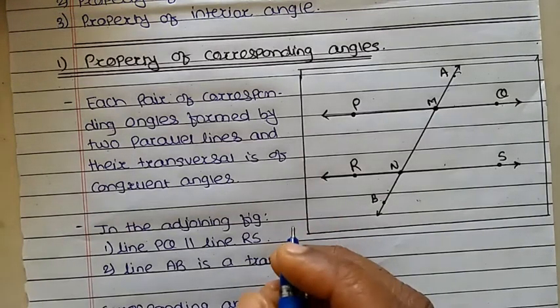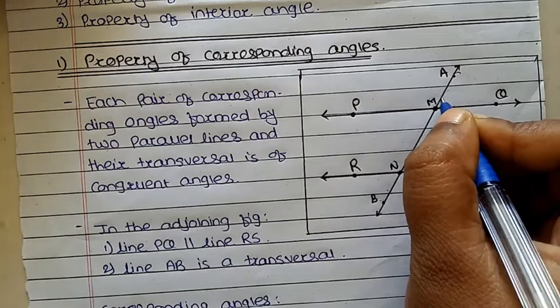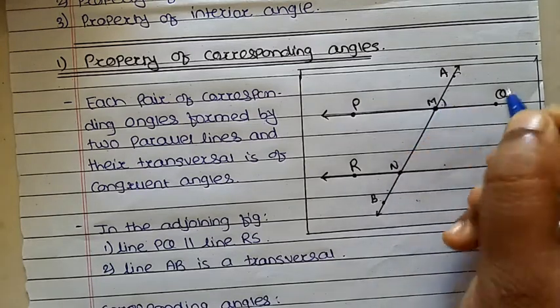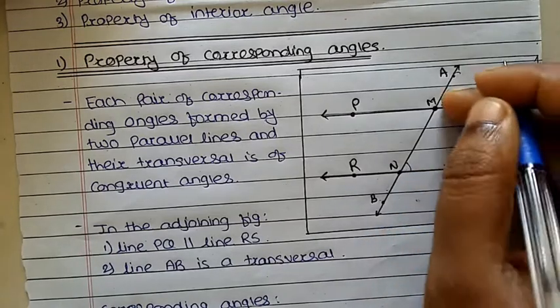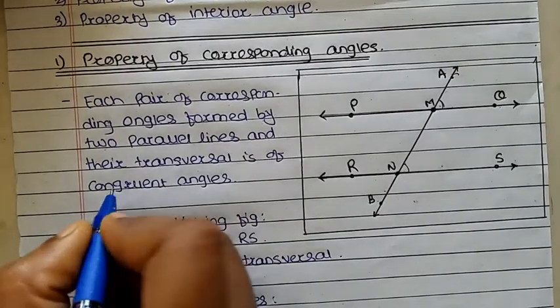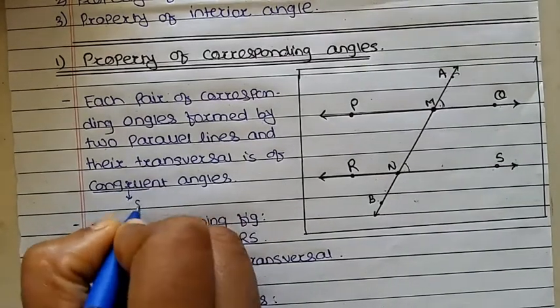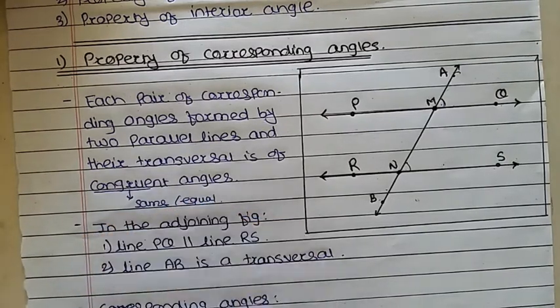So what are the corresponding angles? First of all, listen here. This corner angle, that is angle M, is always equal to this angle N. That means you have to match the corner angles here.